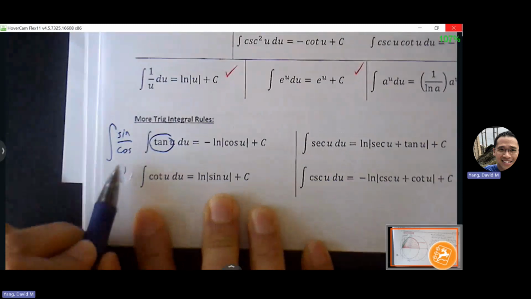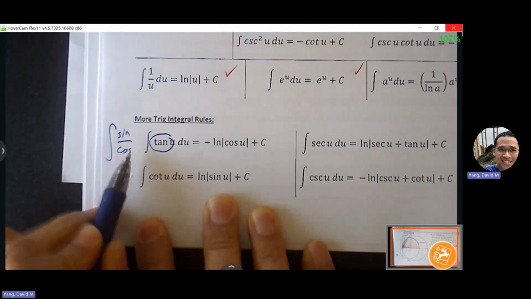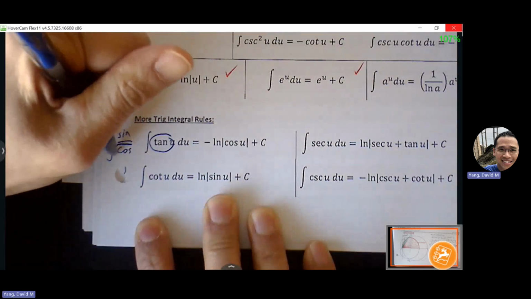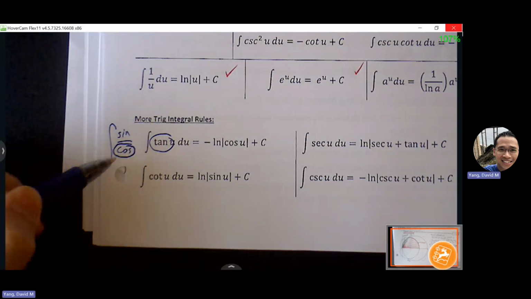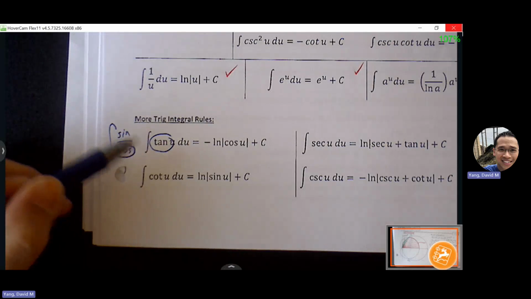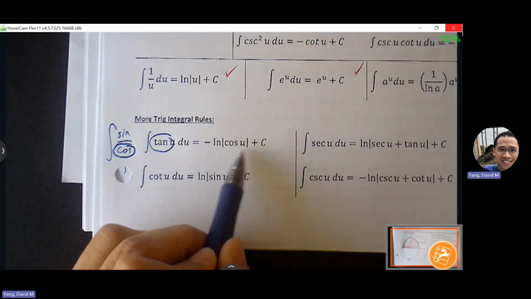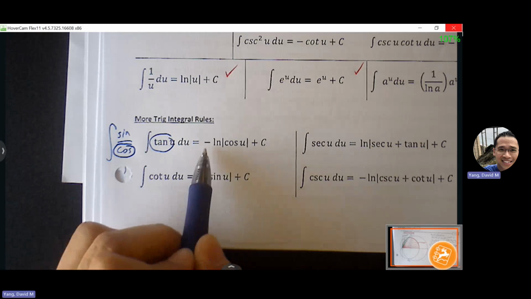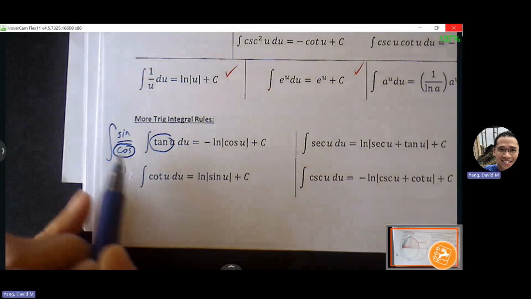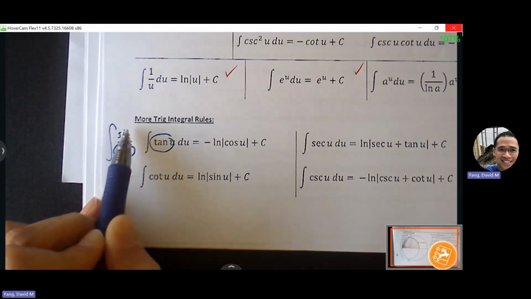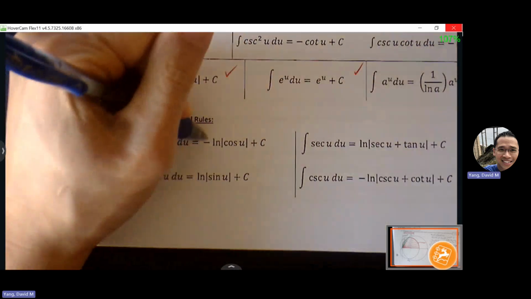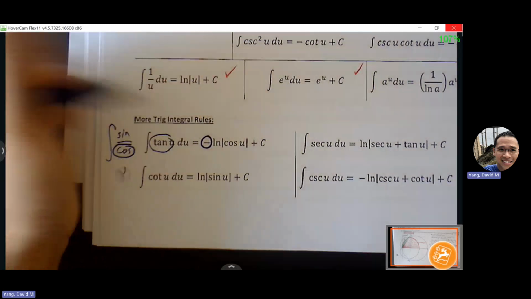If I were to do this problem from a u substitution perspective, I would choose the denominator as the u value. Then the numerator cancels out. I end up with 1 over u du, which ends up being natural log of cosine of u plus c. Now, there's a negative that shows up because the derivative of cosine is negative sine. So that's why there's a negative here.